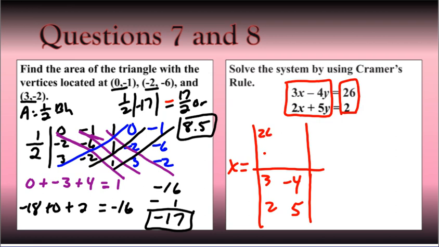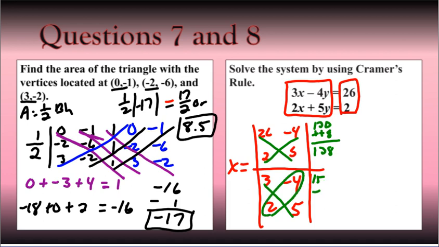So I put 26, 2 here, and the y column stays the same, negative 4, 5. And I find the determinant. So 26 times 5 would give us 130. And 2 times negative 4 is negative 8. So minus a negative 8 really means I'm adding 8. So I got 138.